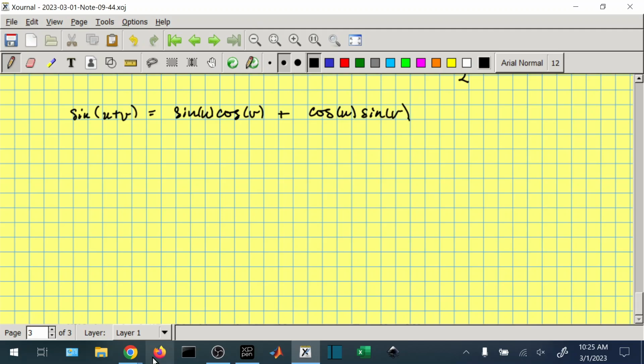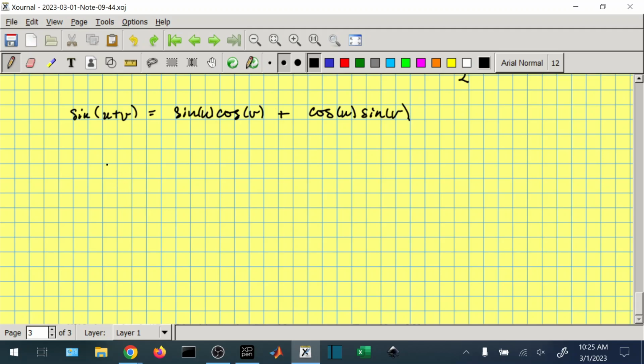By the way, what's the other way to remember this identity? The mnemonic expression is sine keeps the sign. Sine puts sine here first, and the sine of u plus v keeps the plus sign. So sine keeps the sign, both sine and sign. And cosine does the opposite. So it'll be cosine cosine minus sine sine.